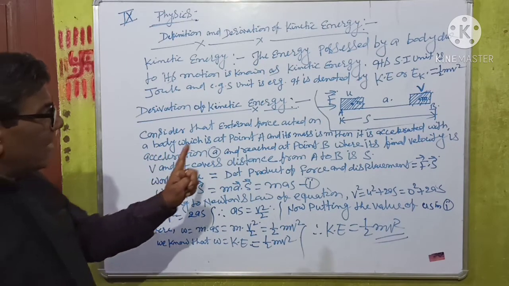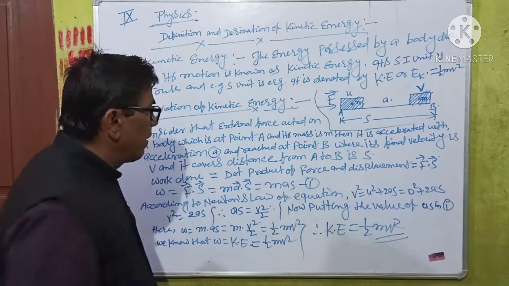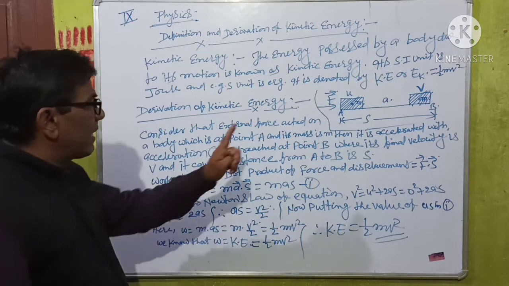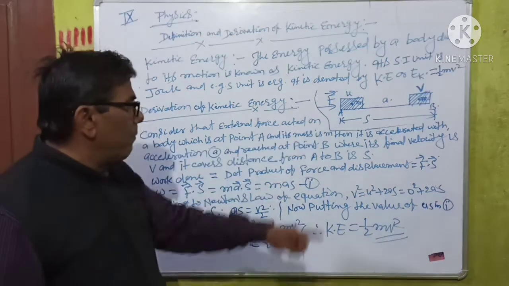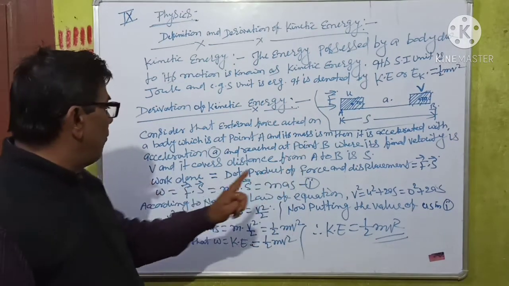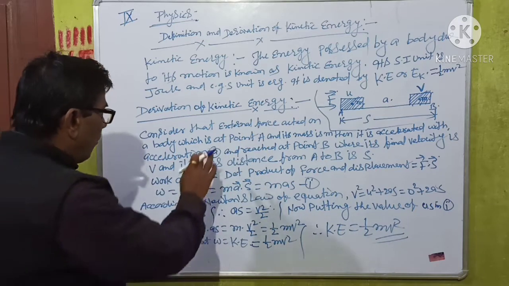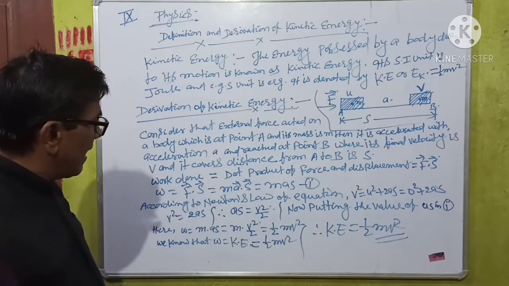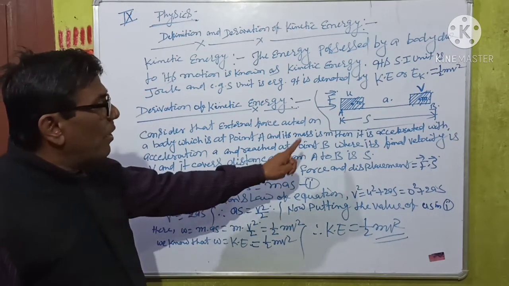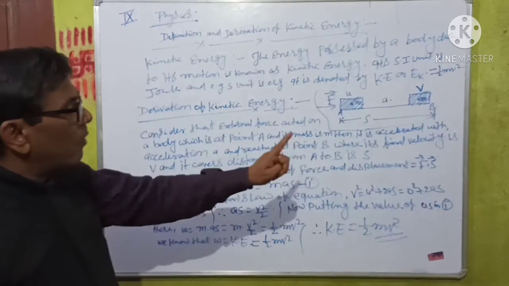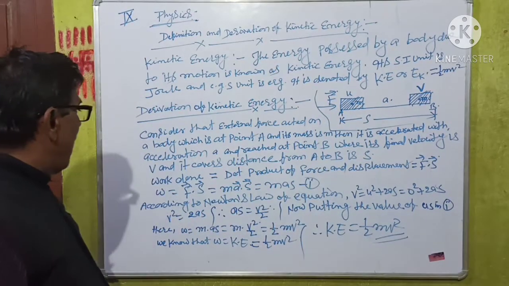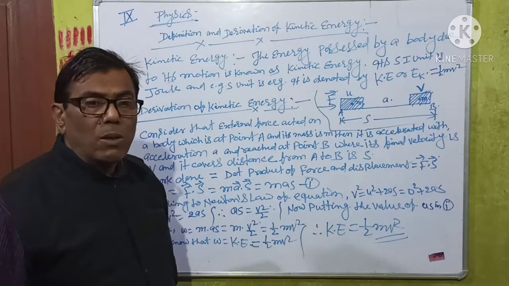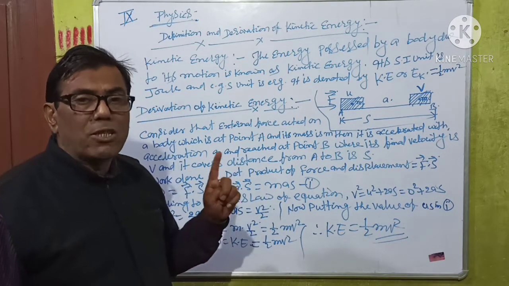Now, the derivation of kinetic energy. Consider that an external force F acts on a body which is at point A and its mass is m. Then it is accelerated with acceleration a and reaches point B, where its final velocity is v, and the distance it covered from A to B is s, which is also known as displacement.